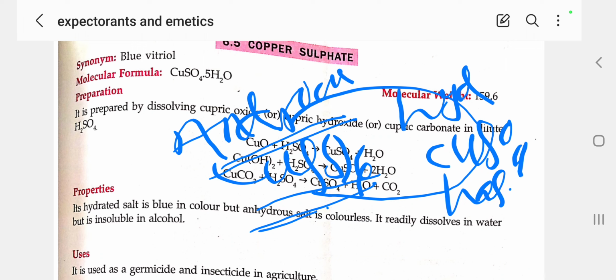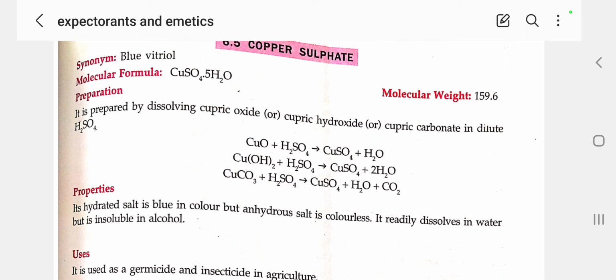That is the difference. In the lab itself, if time permits, you may ask your lab technician to show you copper sulfate.